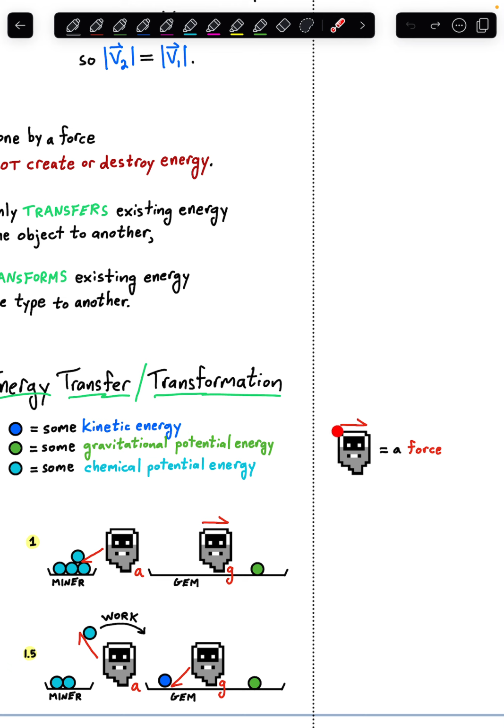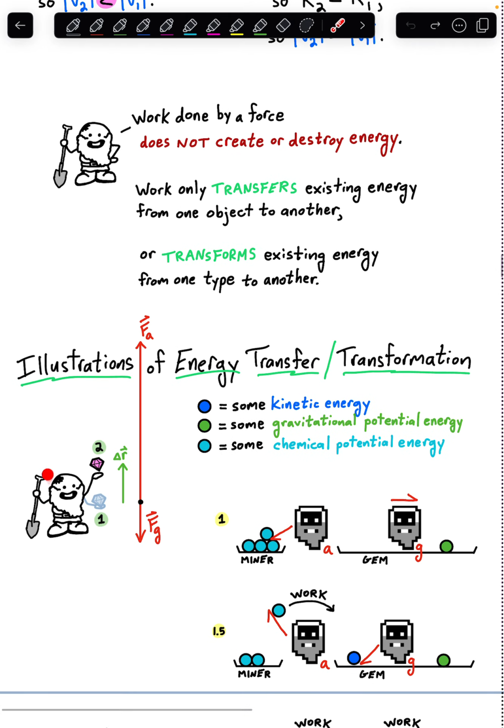I've drawn a red harpoon over the icon there to help remind us that this is a force vector. That harpoon is going to do double duty, serving also as our dwarf's shovel here, by which he does the work transferring energy from one place to another or from one type to another.